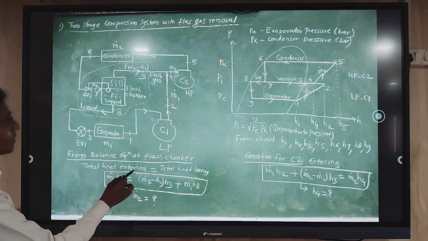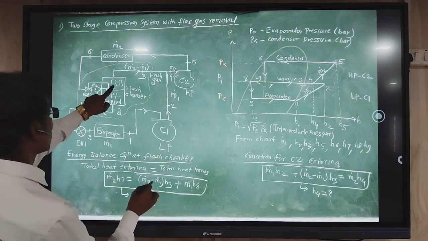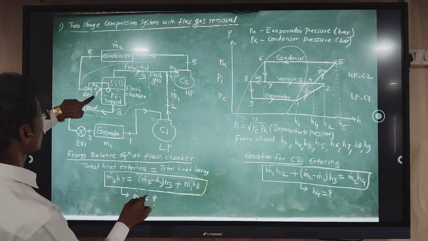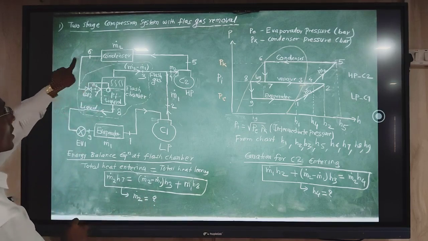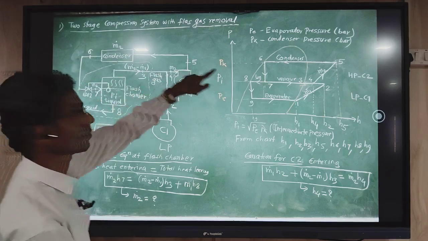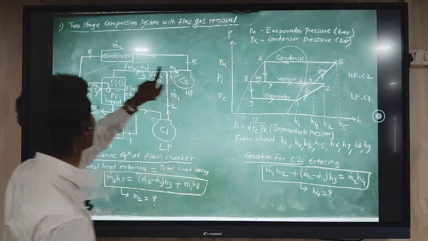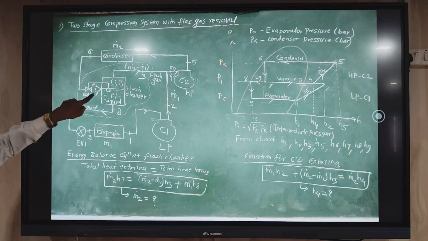Total heat entering here, if you see, is given by M2 dot into H7, because the mass flow rate which is coming out from the condenser, means through the upper envelope, M2 dot, is going to the flash chamber. The respective enthalpy will be what?